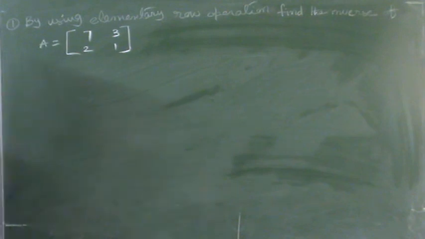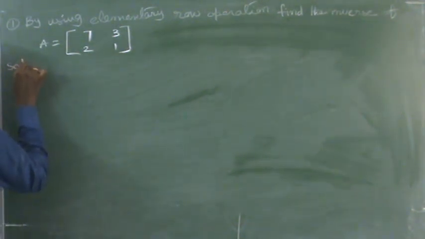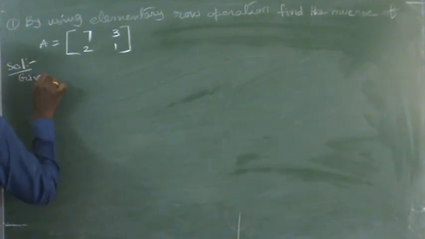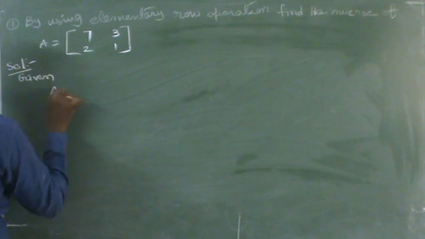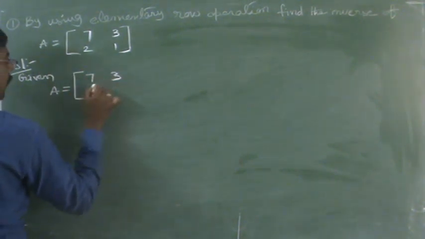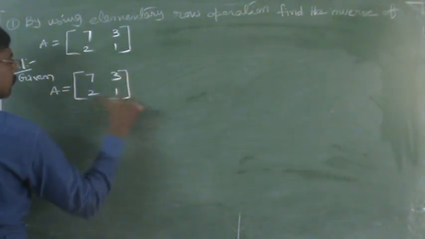I took one example problem, the given matrix A, 7 3 2 1.